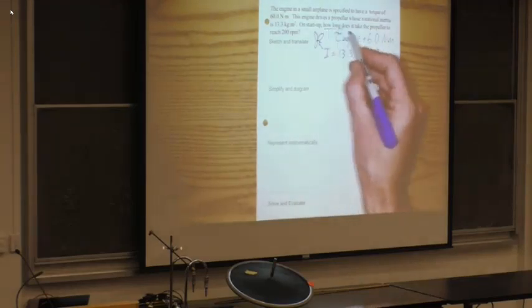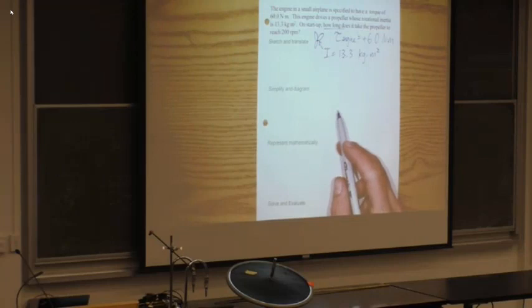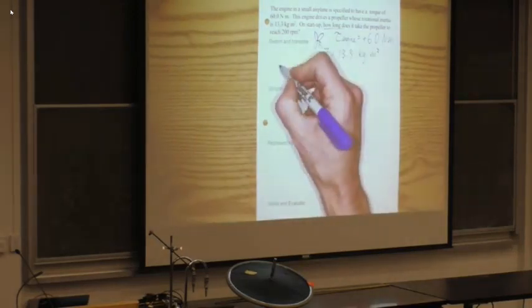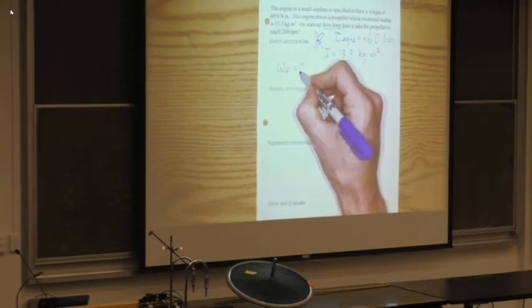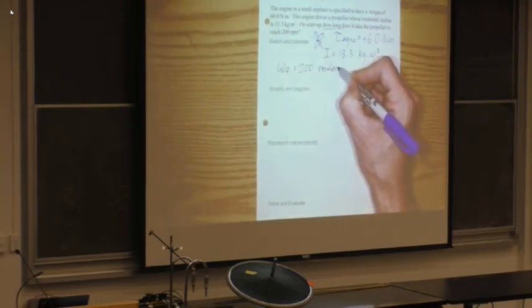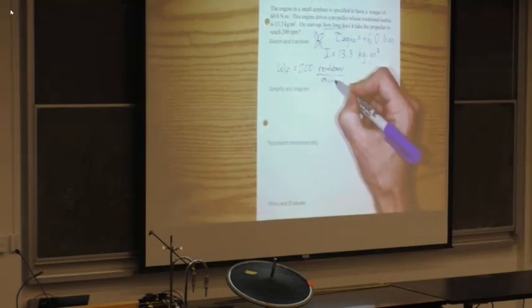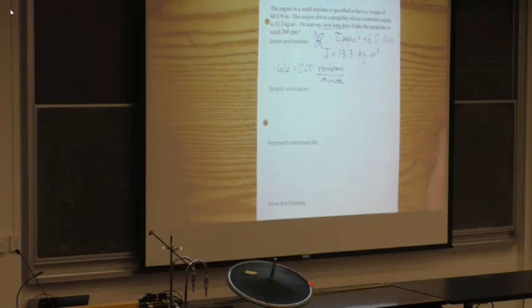On startup, how long does it take the propeller to reach 200 RPM? I think that's saying that omega final is equal to 200 revolutions per minute. That's what the RPM stands for. So I'm going to write it down like that.